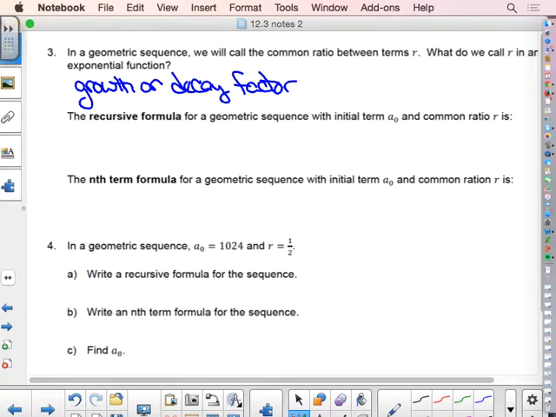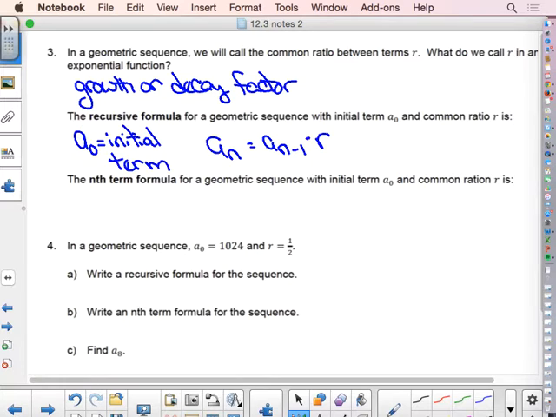The recursive formula for a geometric sequence with initial term a sub 0 and common ratio r, where a sub 0 is that initial term, is the formula a sub n is equal to a sub n minus 1 times that common ratio r.